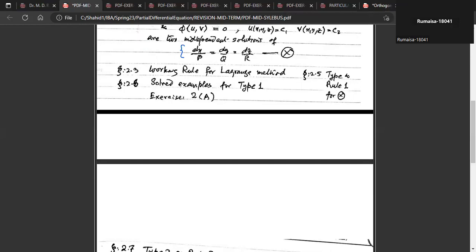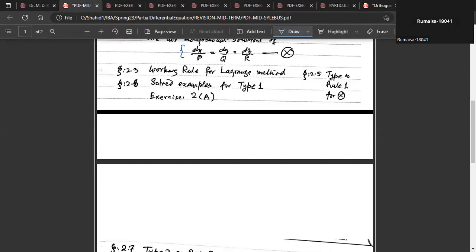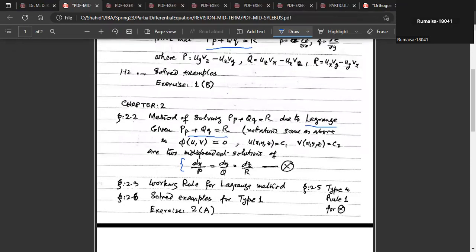So, for example, in this set of auxiliary equations, x and y are independent variables and z dependent. So if we have more independent variables, we will have more ratios of this type. The first working rule that we have considered, we will consider problems in 2A.